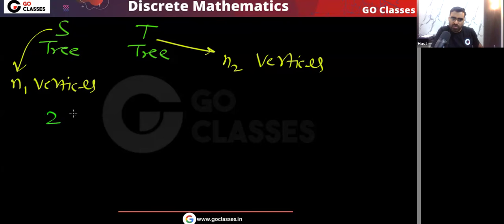So twice the number of edges here is equal to twice the number of edges there.